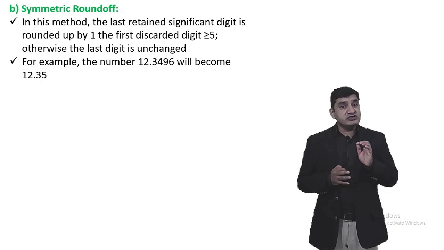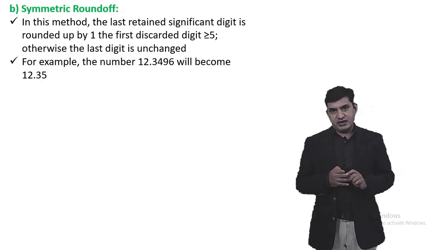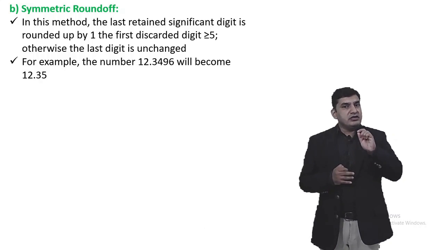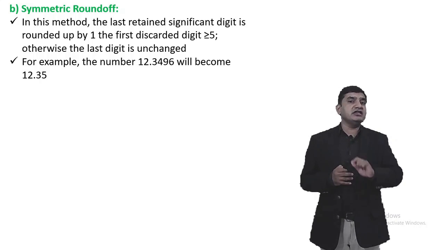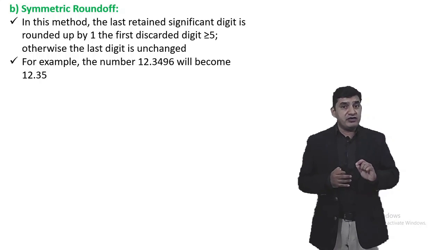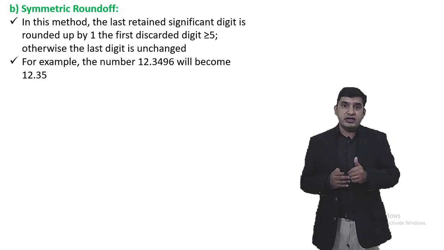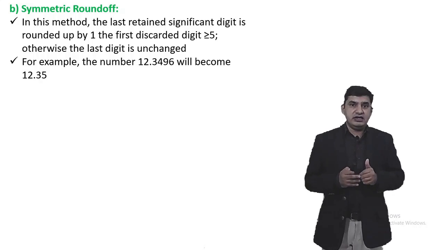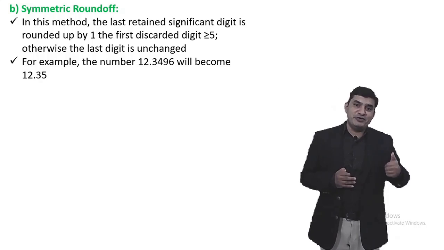The last significant digit is a 9, which is greater than 5. Therefore, add 1 to the second significant digit.